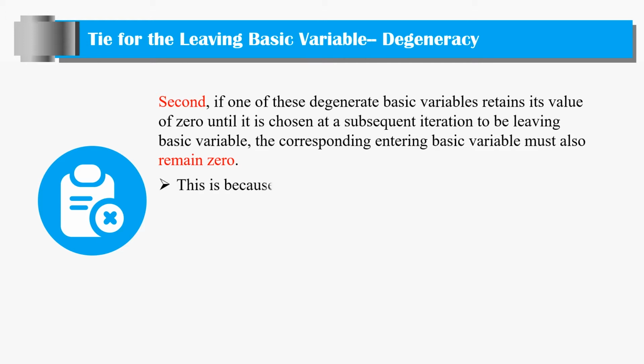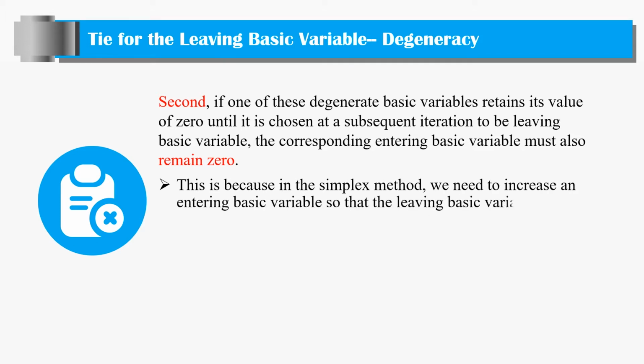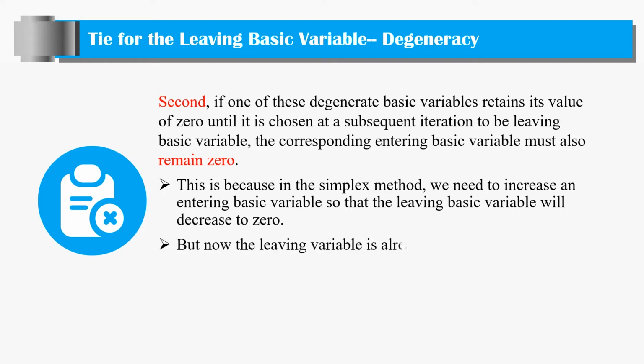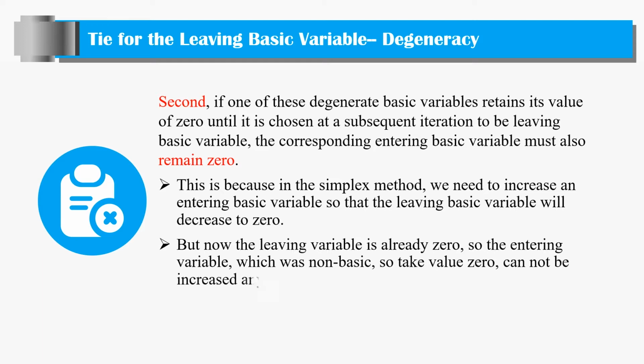The reason is that in the simplex method, we need to increase an entering basic variable so that the leaving basic variable will decrease to 0. However, at this point, the leaving basic variable is already 0, so the entering variable, which was non-basic and takes value 0, cannot be increased any further.